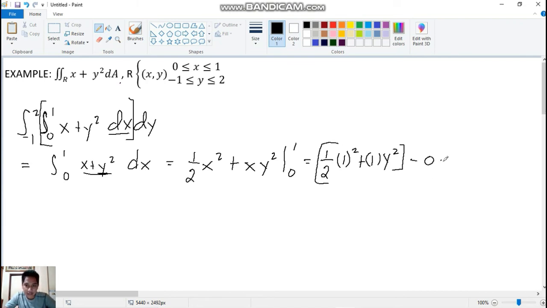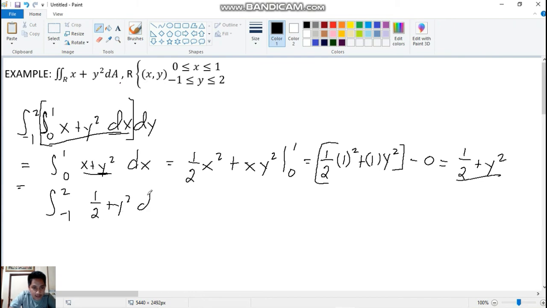So the result is 1/2 plus y squared. We now substitute this value into the outer integral, so it becomes the integral of 1/2 plus y squared dy.